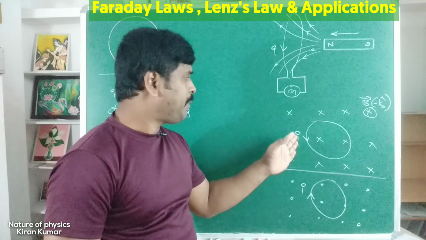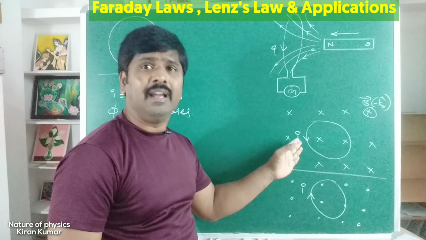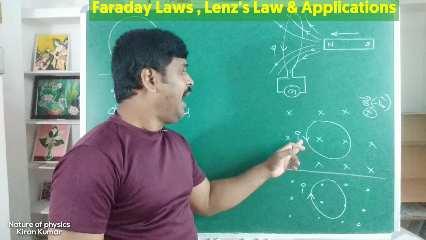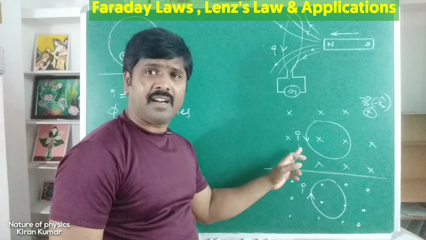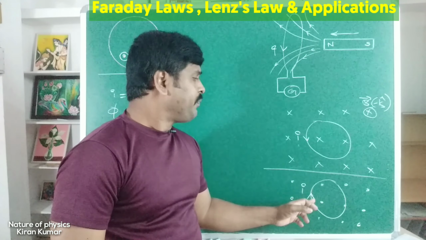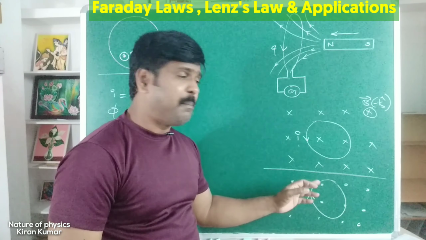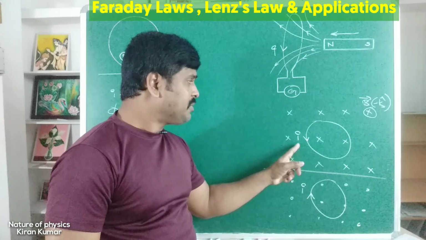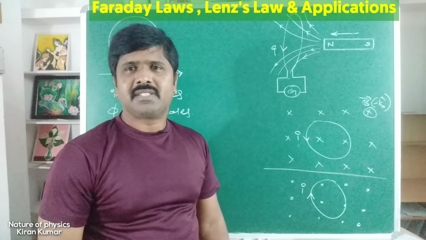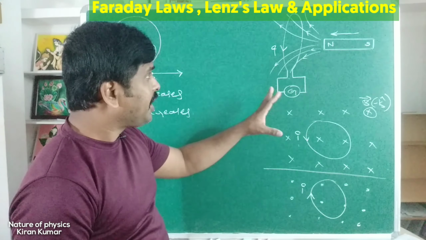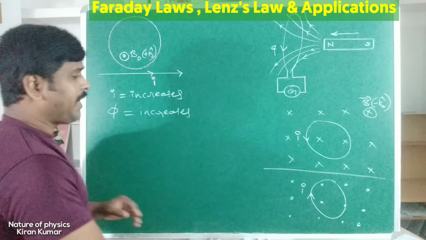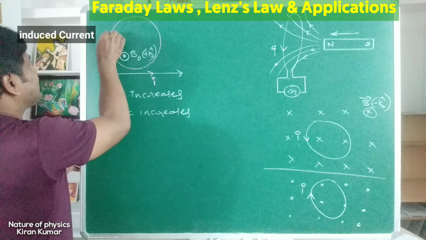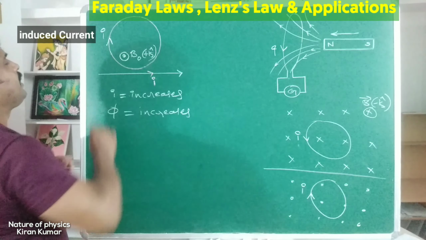An increasing magnetic field into the paper gives an anti-clockwise current in a coil. An increasing magnetic field out of the paper gives a clockwise induced current. I gave you clear proof, so the induced current direction is like this.